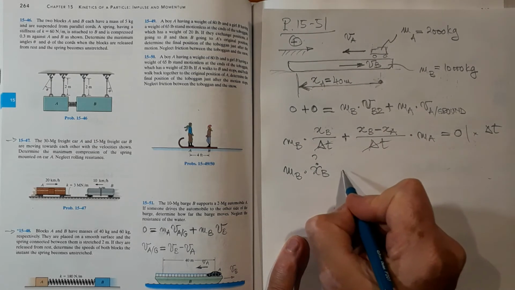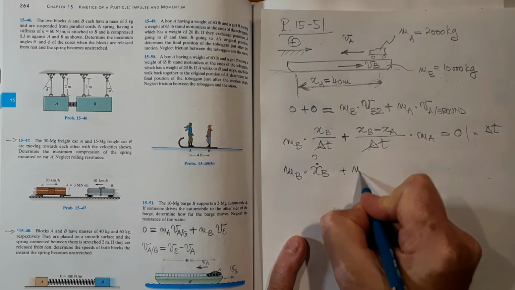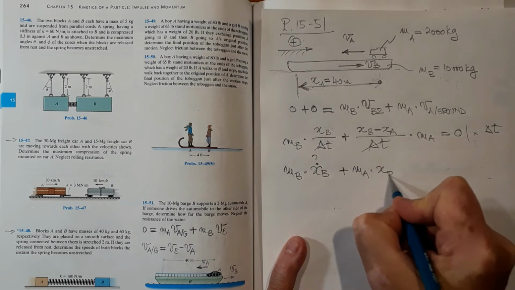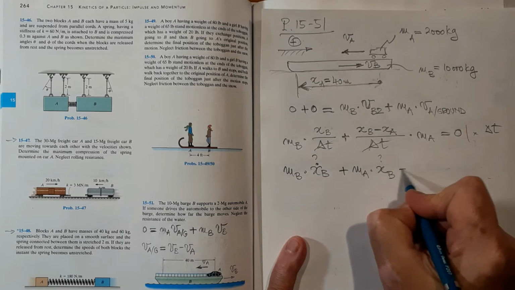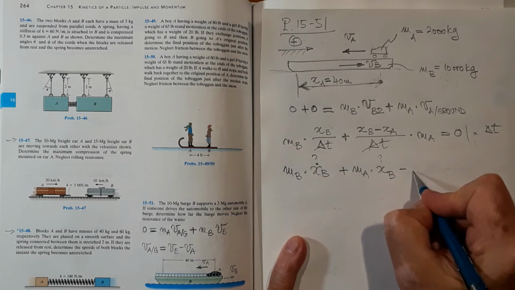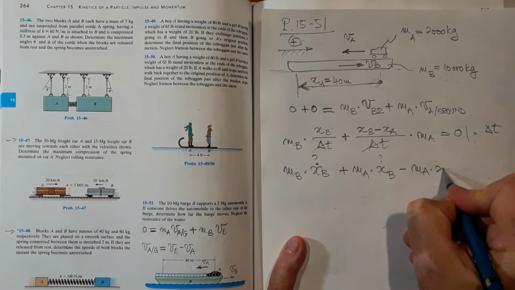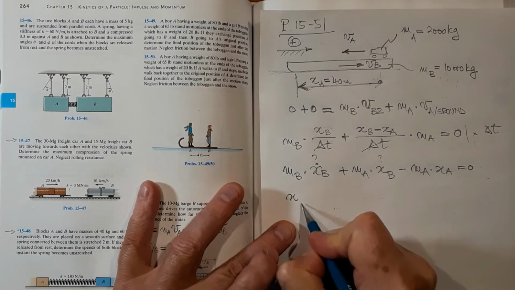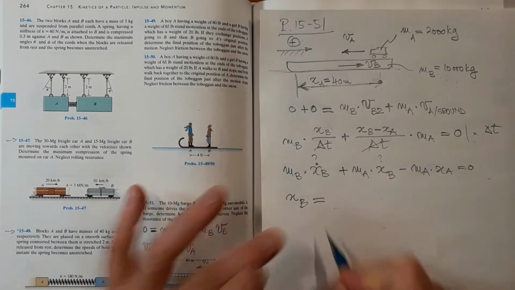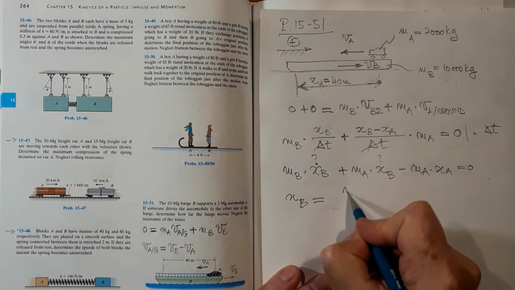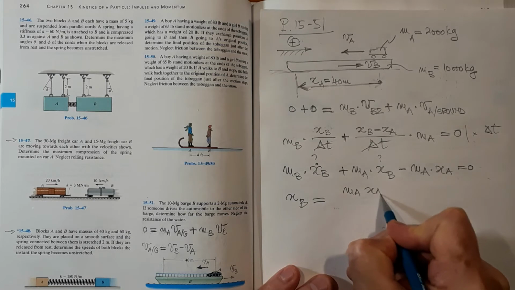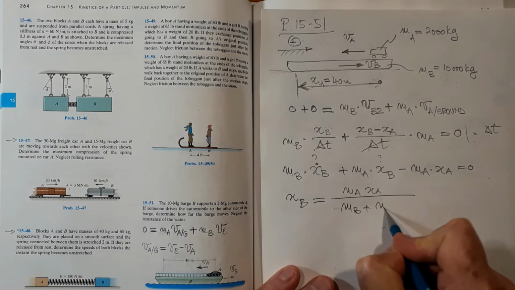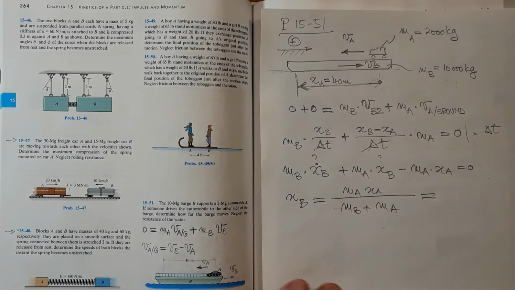And then I have plus mass of automobile times distance traveled by the barge, again not known, negative mass of the automobile times XA equals 0. So from here we get XB is MA XA over MB plus MA.